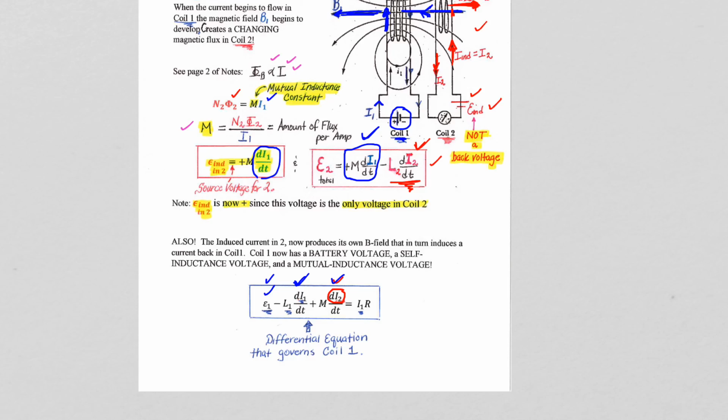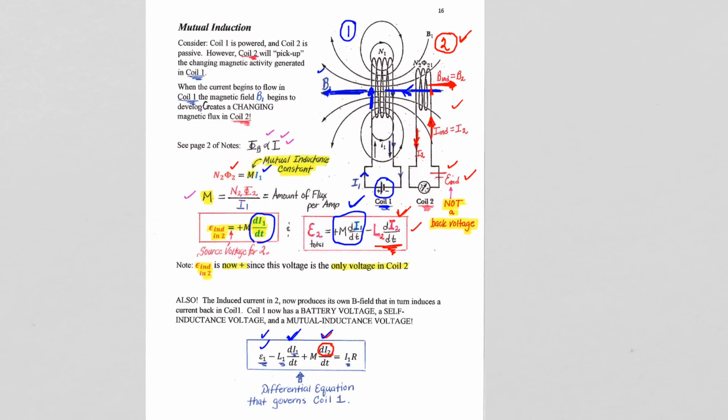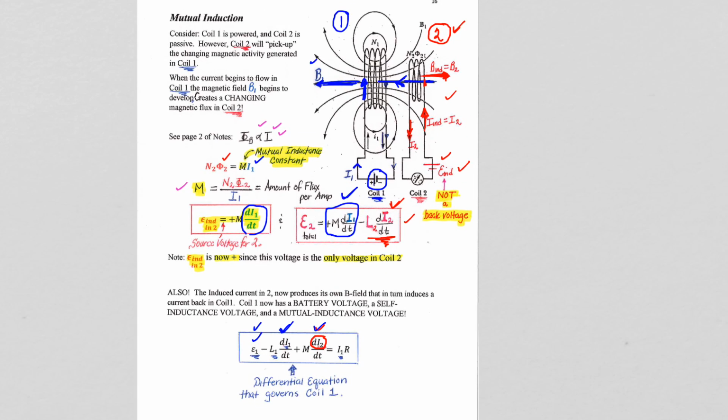I do realize there's a lot going on here, and anytime we're introducing first order effects, second order effects, and two coils, it can get a little daunting. So our next lesson, the next page of notes, is going to have a numerical example to look at, and we'll get more comfortable with this as we see more examples.